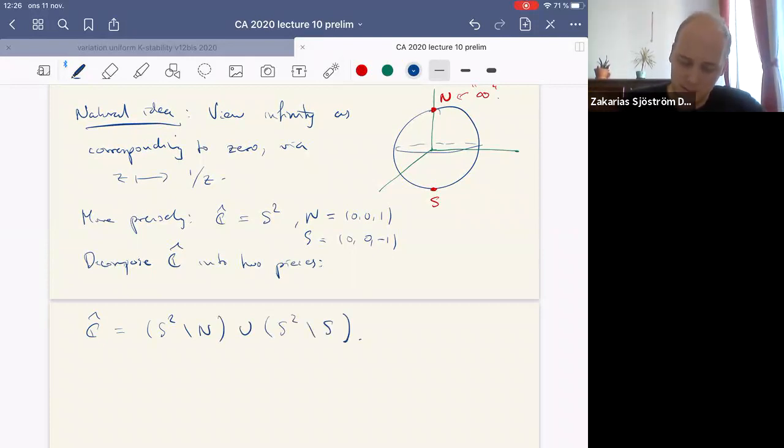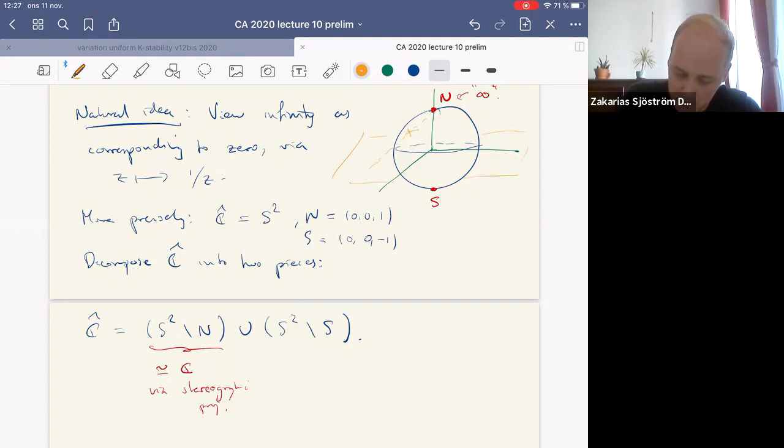Okay, and now what are these pieces? So S2 minus N, you will remember that this was identified with C via the stereographic projection. You remember that? So you fix the North Pole and then you did something like this until you hit the complex plane.